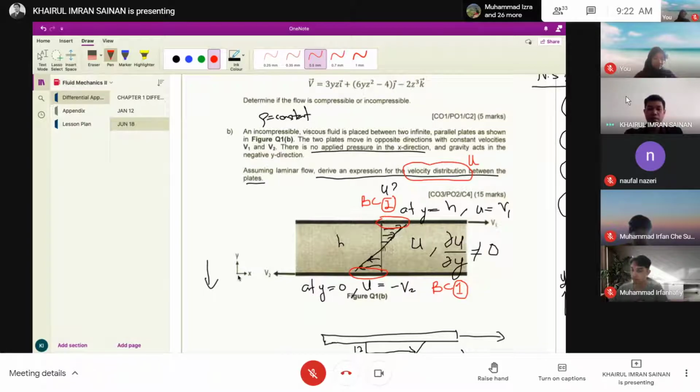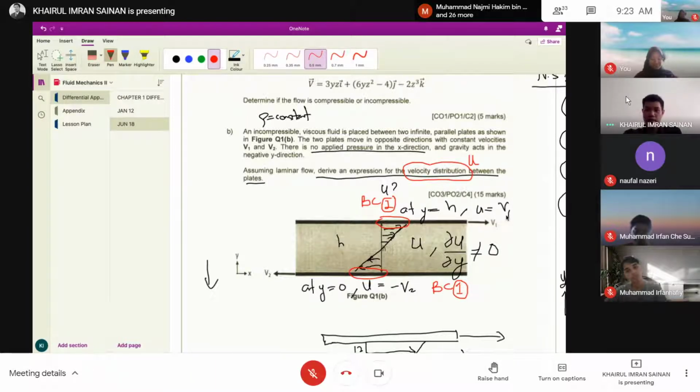For this case, it is at the bottom. So you can put it as at y equals 0, at the bottom, u equals negative v2, in the direction of v. And then BC number 2, at y equals h, u equals v1.